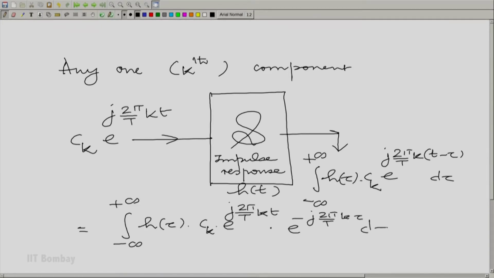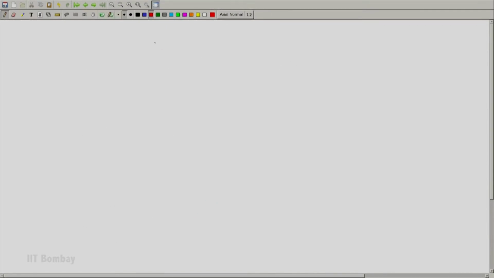That becomes essentially an integral with respect to tau of the product of h(tau), c_k e^(j 2 pi/T k t) and e^(minus j 2 pi/T k tau). Now, notice that this quantity is independent of tau, and that can be pulled outside the integral. Let us indeed do that.